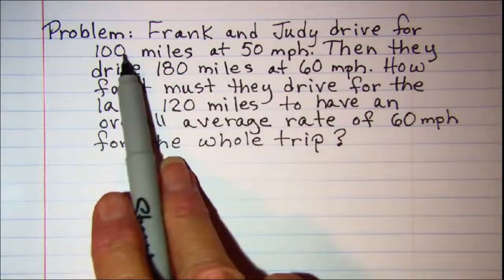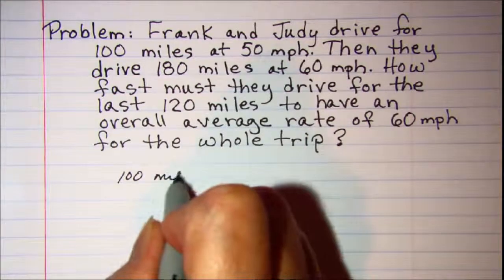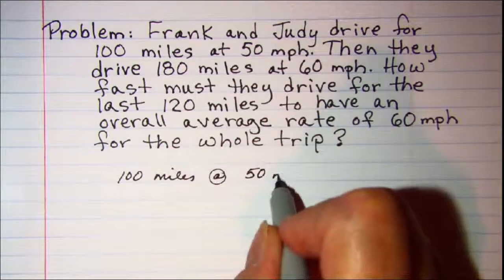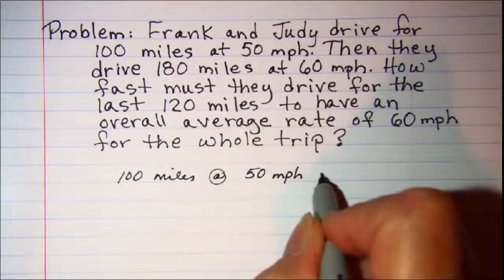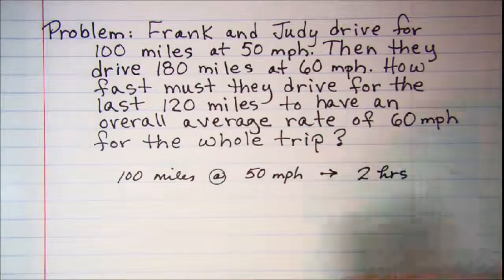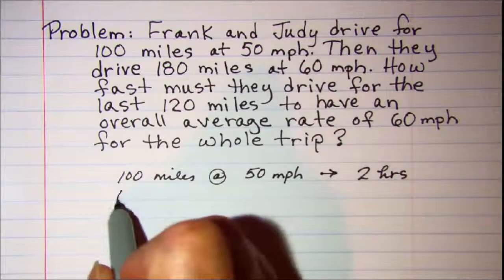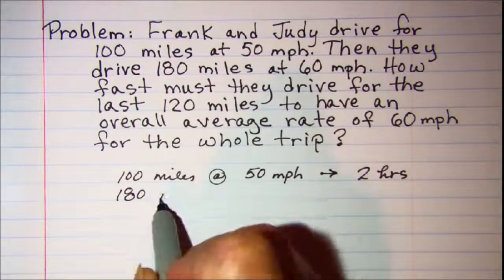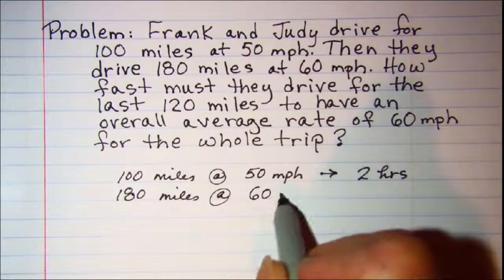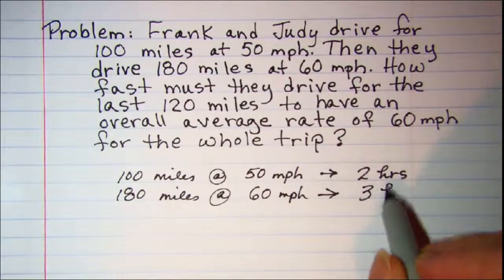Again, let's see, we have 100 miles at 50 miles per hour, and that'll give me 2 hours. And then I had 180 miles at 60. And that gave us 3 hours.